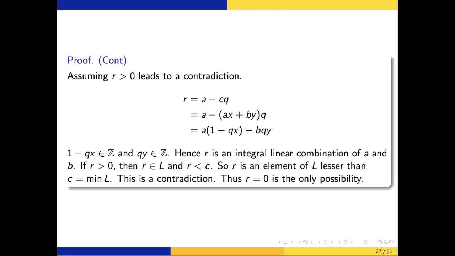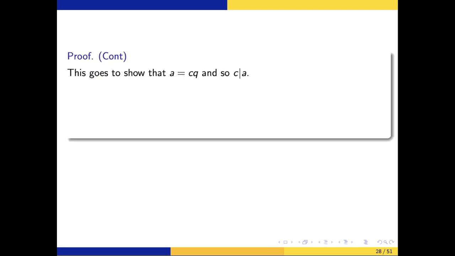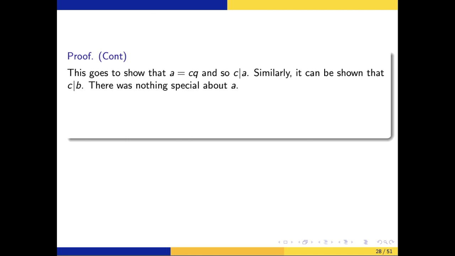So r equals 0 is the only possibility. From the fact that r equals 0, we know that a equals Cq, and so C divides a, since C is non-zero. Similarly, it can also be shown that C divides b, because there was nothing special about a. So C is a common divisor of a and b.